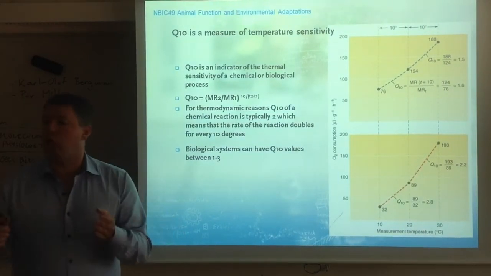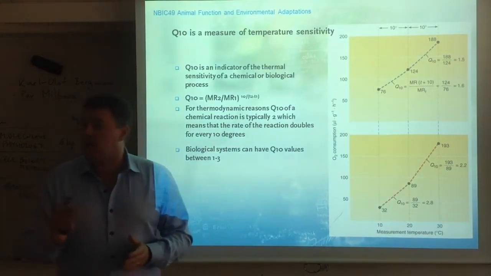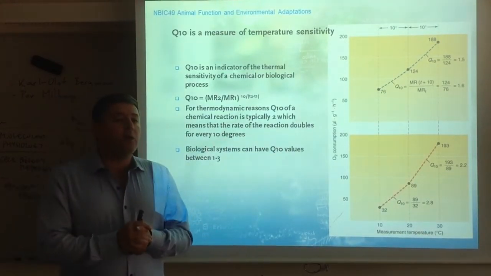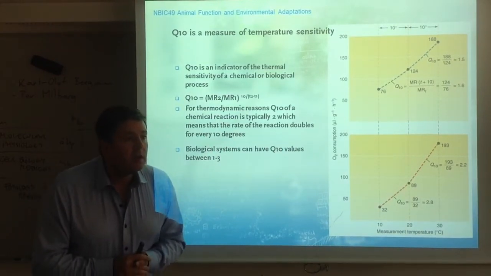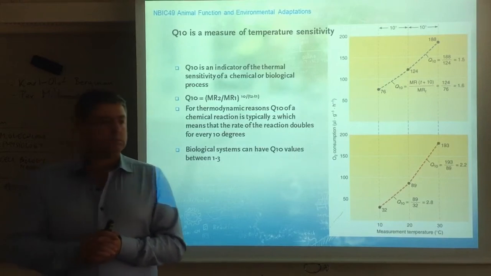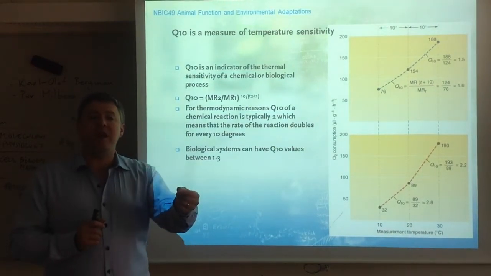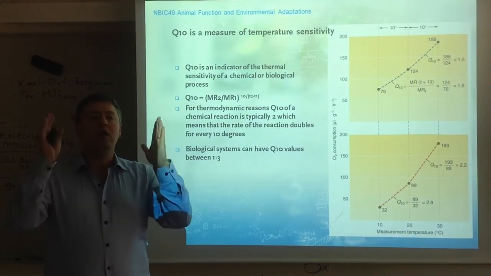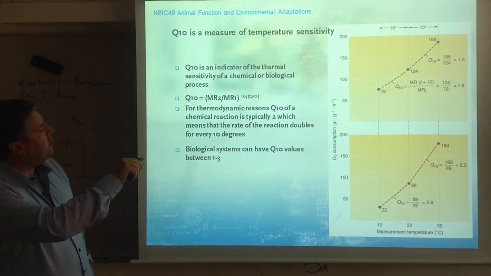If we measure metabolic rate at 5 degrees and at 15 degrees, and metabolic rate doubles, the Q10 is 2. So the Q10 is the factor by which a given variable changes over a range of 10 degrees centigrade. That's what this expression is giving you.